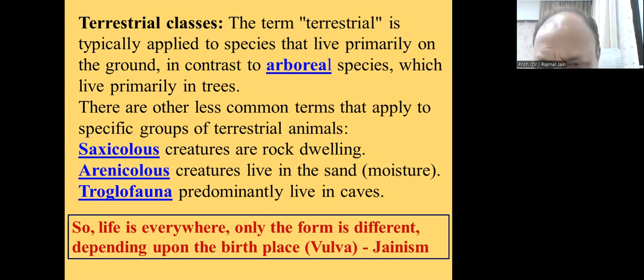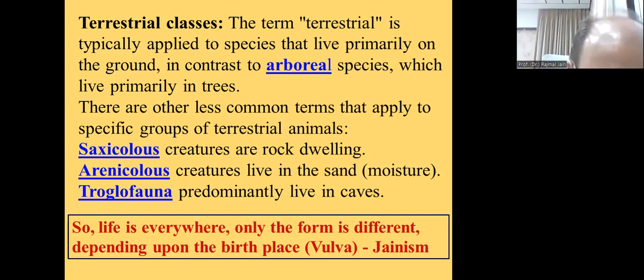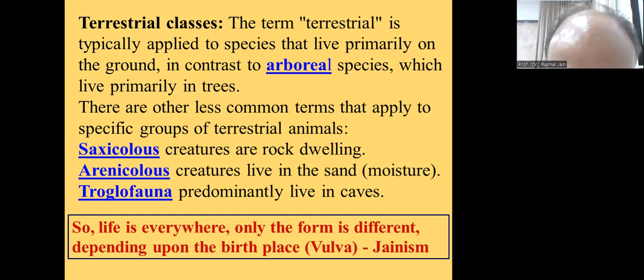Now if you compare all these things, you will find that all these places are nothing but the locations or the birthplaces, the yoni, as per Jainism. So you can say how deep a study was already conducted by Bhagwan Mahavir during his meditation, before Keval Gyan.